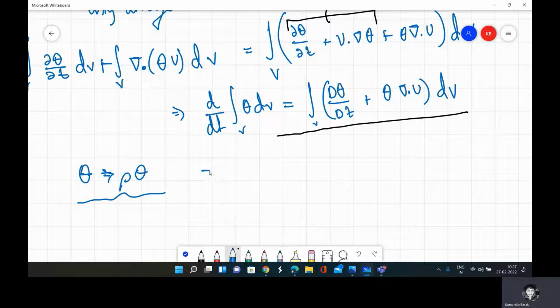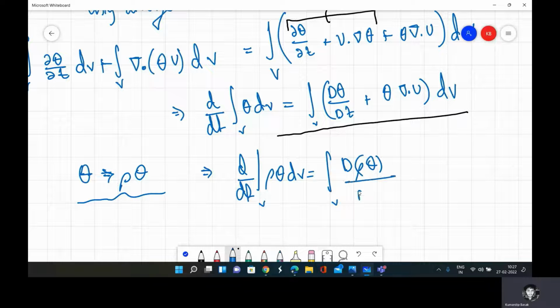Then what can we get? We can get that d by dt volume integral rho theta dV equals volume integral d rho theta by dt plus rho theta grad dot u in the dV.